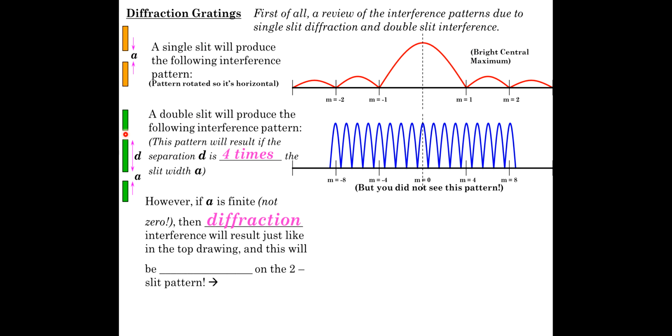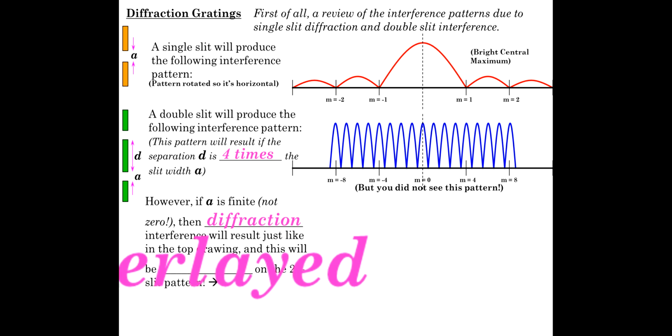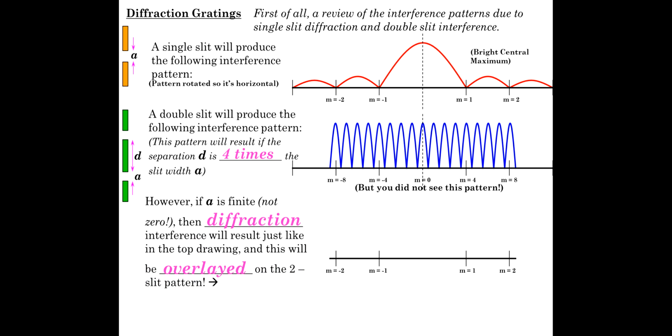Well, you have those slits here as well. So you have the diffraction phenomena taking place at the same time that these two sources here are interfering in a two-source, two-slit interference pattern. So basically, we will have the overlay of the diffraction pattern onto the two-slit pattern.